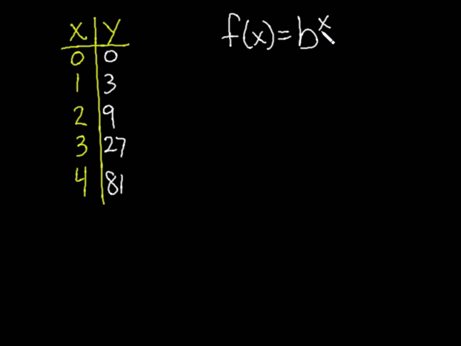We're trying to figure out how much each one of these changes. If I look at adding, I'm getting a different number each time. So we're not going to use those. Instead, we're going to look and see how much it changes between each one.